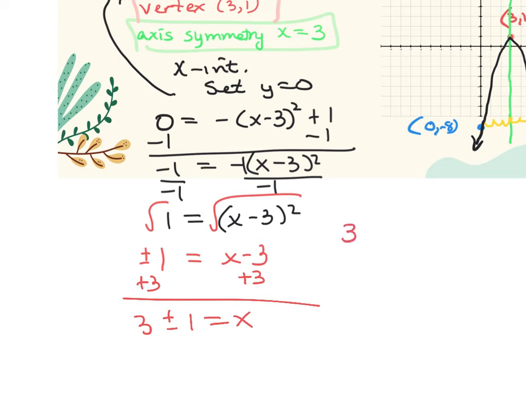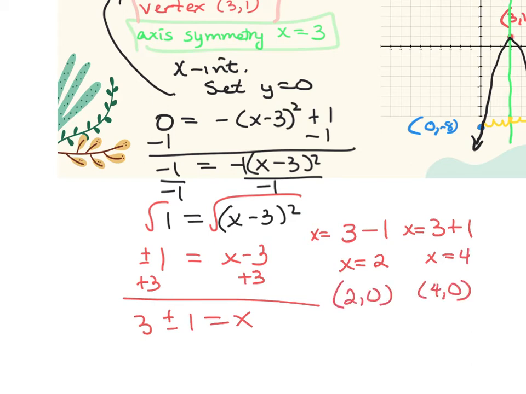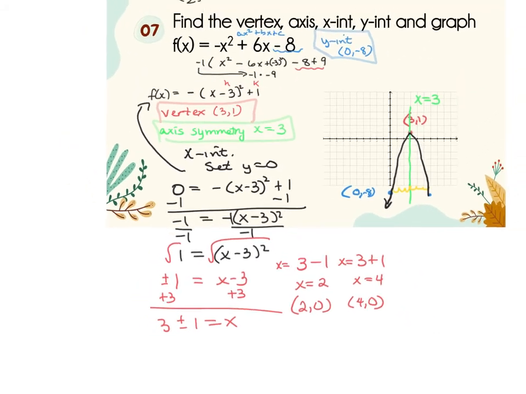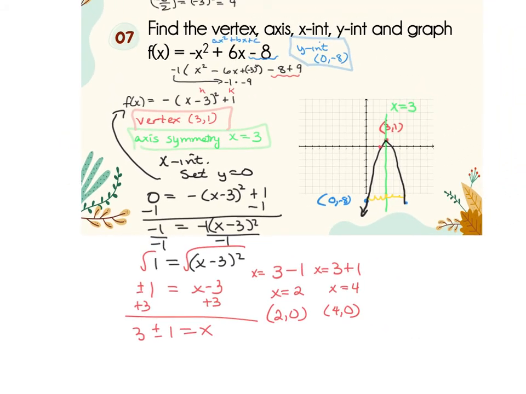I have to do 3 minus 1 and 3 plus 1. And then I get, so this is what x equals. So x equals 2 and x equals 4. So an x-intercept at 2, 0, and at 4, 0. So let's come on up here, 2, 0, 4, 0.